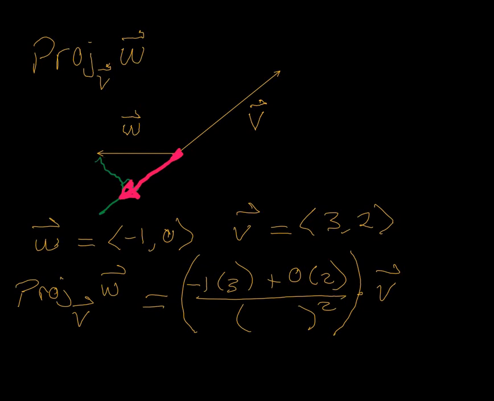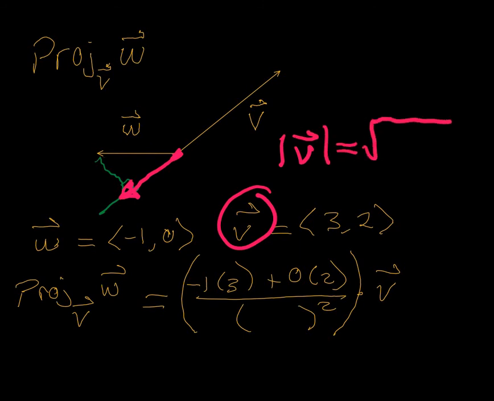So what is the magnitude of vector v? I think we will find that's the square root of 3 squared plus 2 squared, root 13. That's right. So that would be square root of 13 quantity squared.